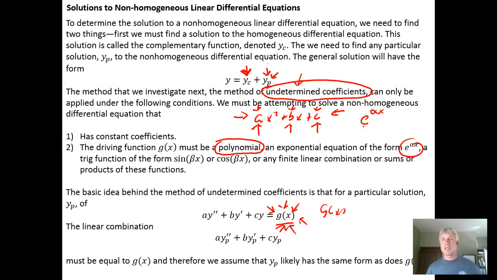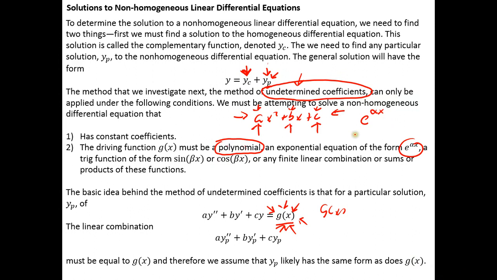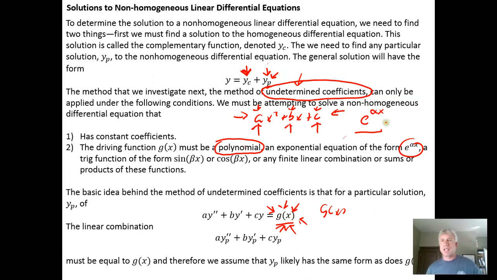So the derivatives of e to the alpha x look like e to the alpha x. So if the driving function is an e to the alpha x type of thing, it's probably going to be the case that the particular solution to the differential equation will have the same form. And it's also going to work for the sine function and cosine function, because derivatives of sines and cosines give you sines and cosines.